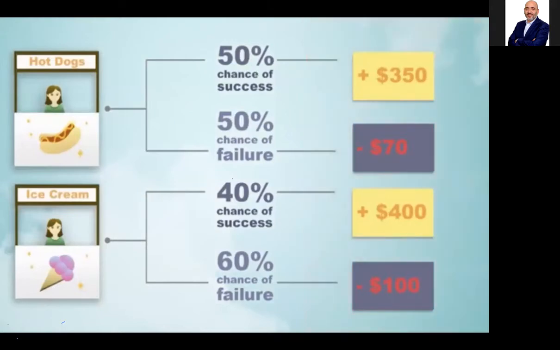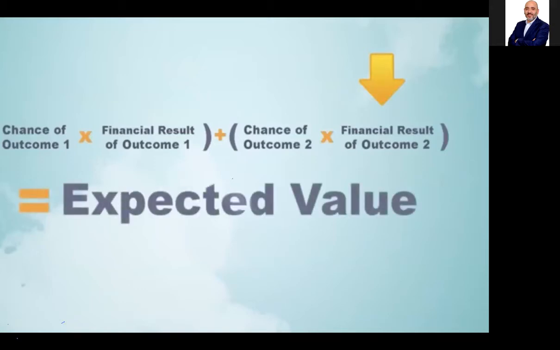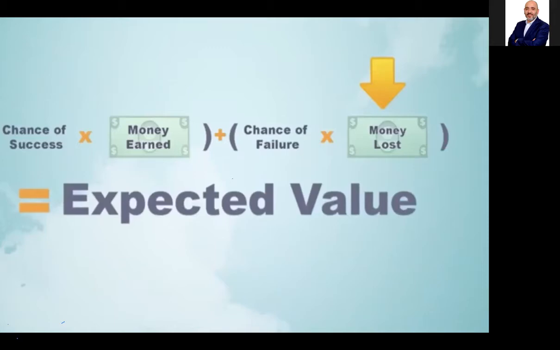To make the decision, you can use the following formula. For a given option, the chance of outcome 1 times the financial result of outcome 1 plus the chance of outcome 2 times the financial result of outcome 2 equals a figure called the expected value. Translated into our hot dog versus ice cream story, you can interpret the equation in this way. The chance of success times the potential earnings plus the chance of failure times the potential losses equals the expected value.